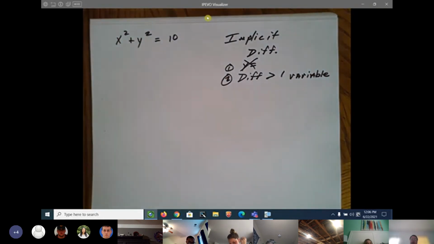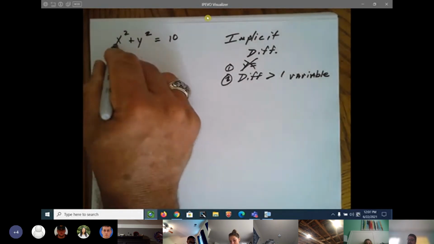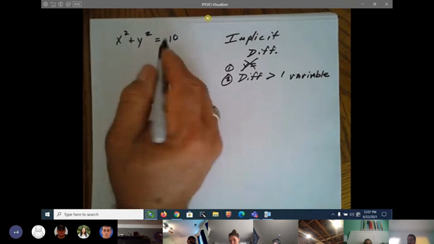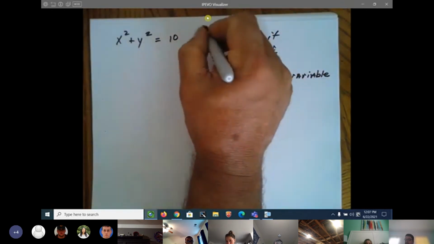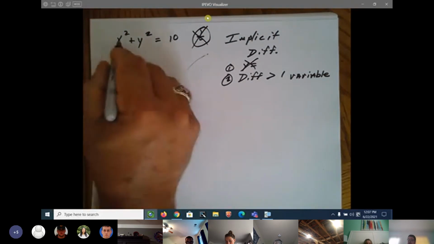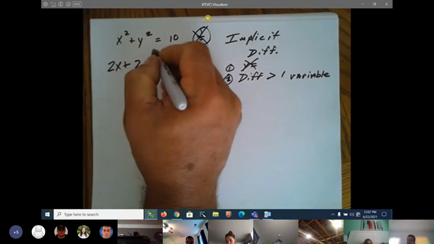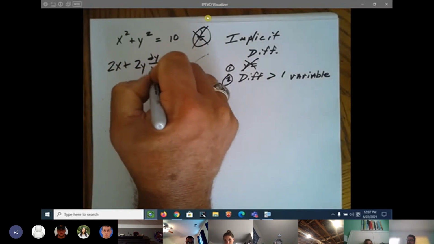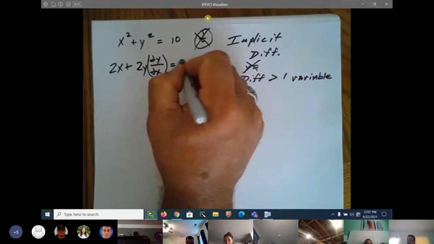Now, the textbook way of doing this is to take x squared, and since you're taking it in terms of x, remember we don't have t here. There is no t. So you just do 2x plus 2y dy/dx equals 0.